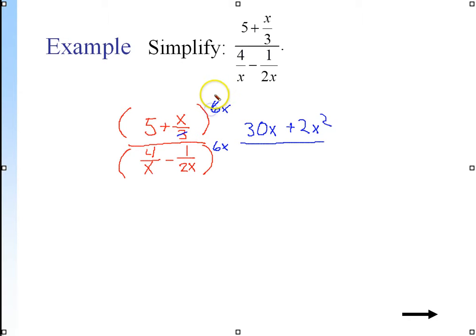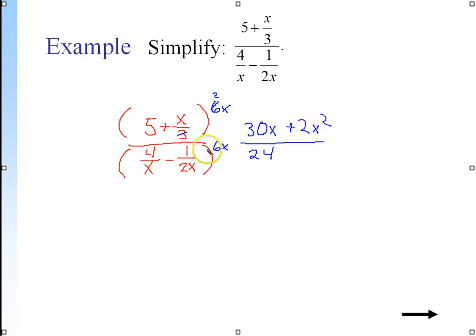I didn't show the canceling before because we had to use it again. But as we multiply this term by this term, the 3's cancel out and we get 2x times x is 2x squared.